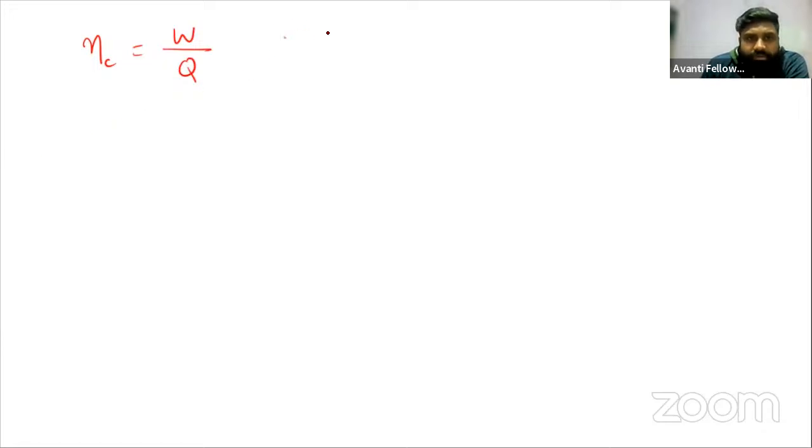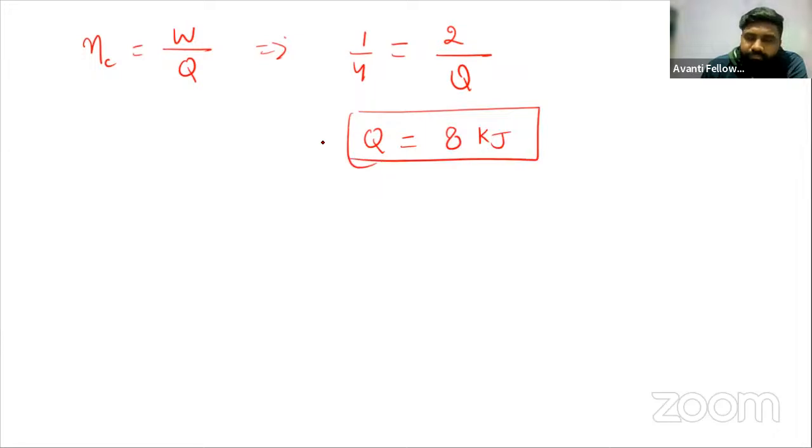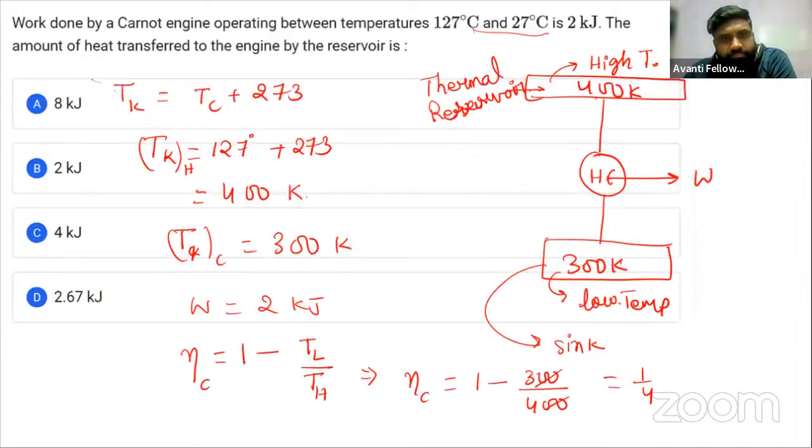And this eta is 1 by 4. Work transfer is given to you, 2 kilojoule, divided by Q. So Q here will be 8 kilojoule. Okay. So this 8 kilojoule heat you need to transfer to get a work done of 2 kilojoule only, and 6 kilojoule will be rejected to the cold temperature or sink. Okay.